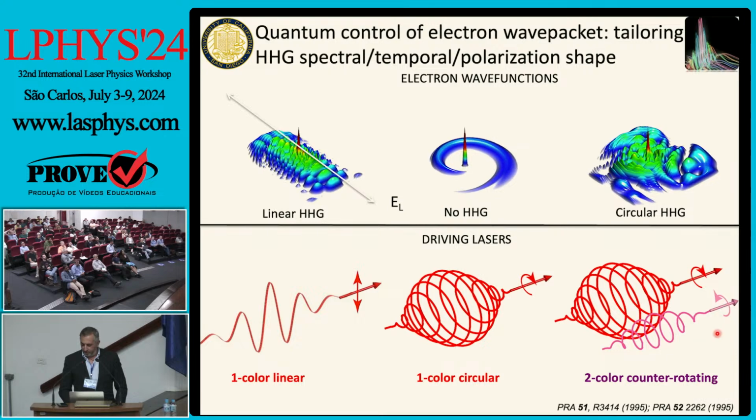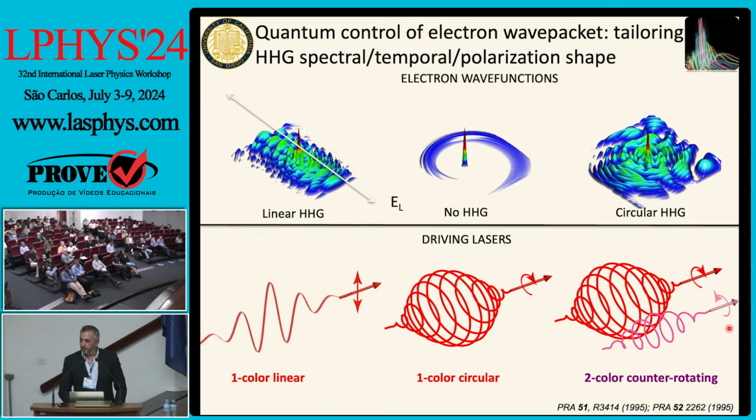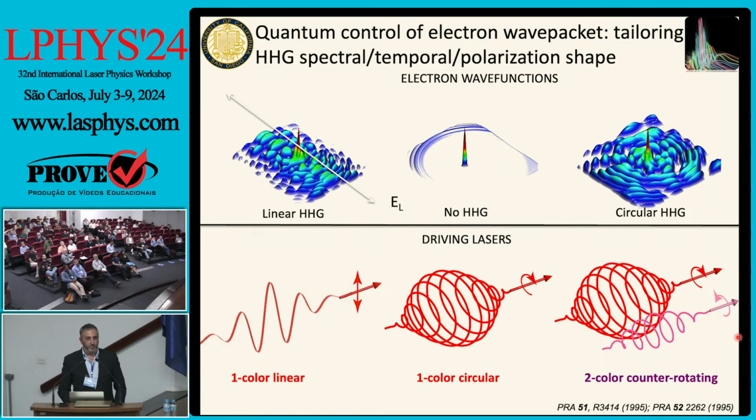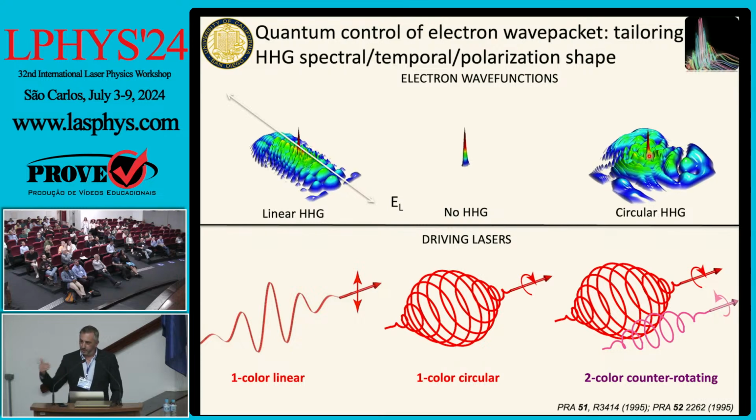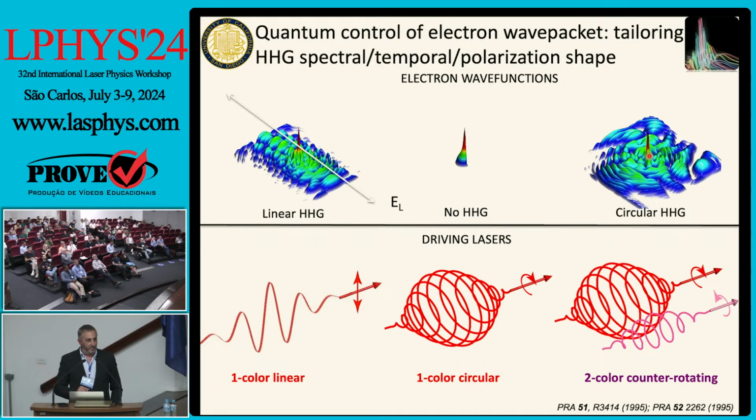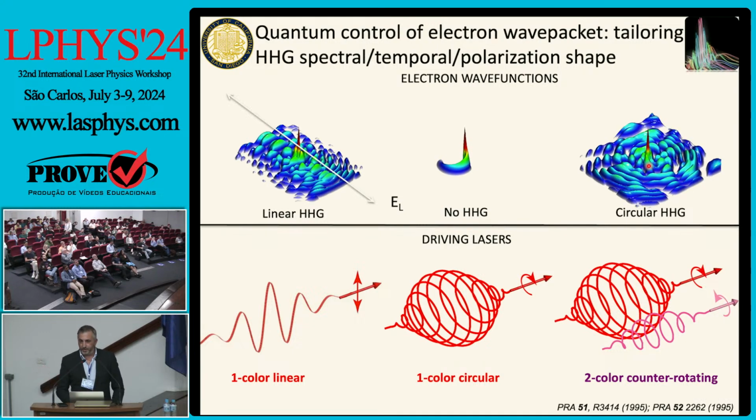Of course, it's quite intuitive that we can put in a second driving field with counter-rotating polarization. They may have a similar frequency or a substantially different frequency. You can see in this animation that the electron wave packet returns in several predominant directions, and you have emission of X-rays.